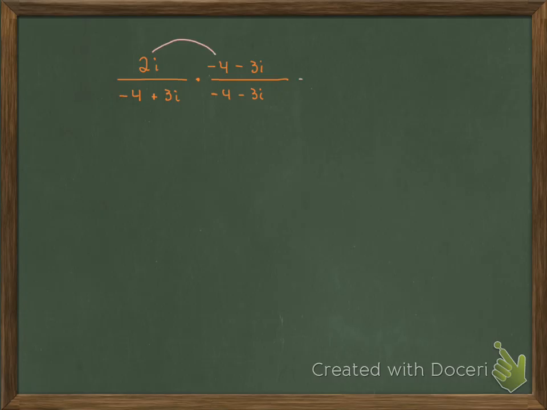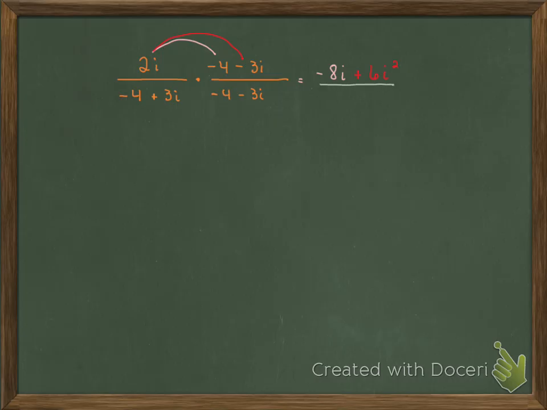2i times -4 is -8i. And then we'll go 2i times -3i is plus 6i squared. And we will worry about fixing that in just a little bit.